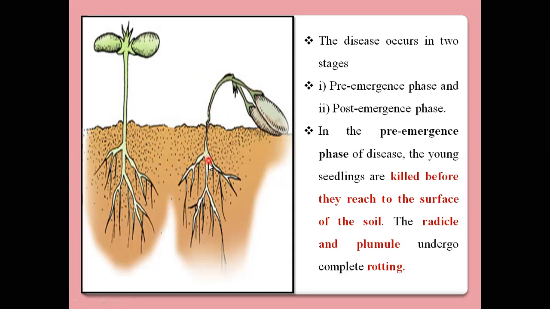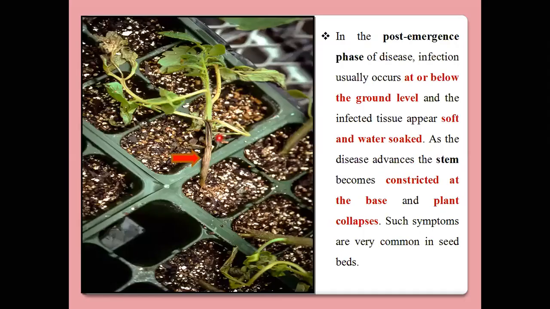These germinating seedlings are killed before they reach the surface of the soil, meaning the radicle and plumule rot completely, or sometimes brownish spots or lesions are seen on the collar portions. The pathogens spread in an upward or downward direction, so finally the seedlings are totally rotted. This symptom is known as pre-emergence rot.